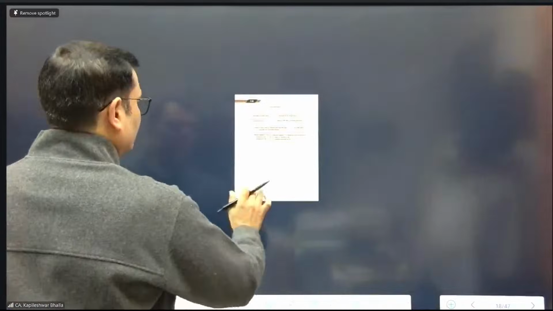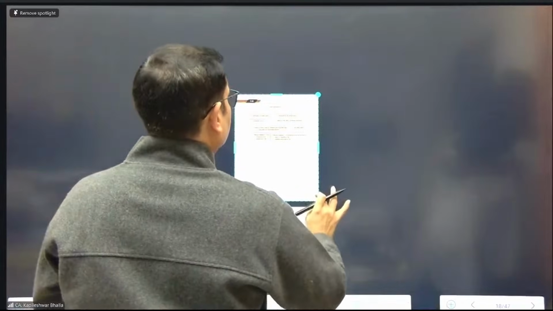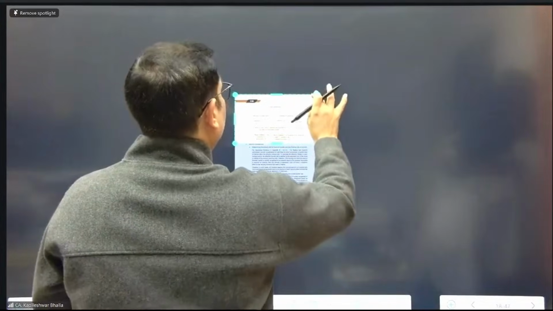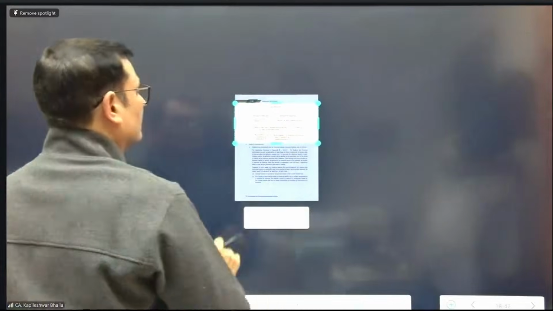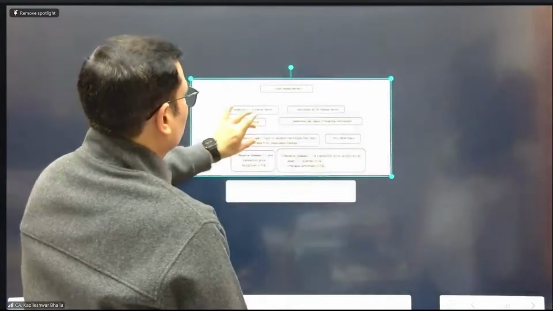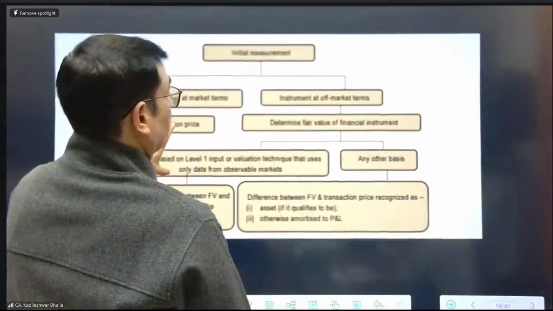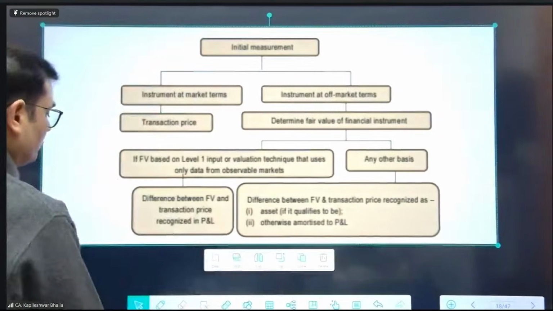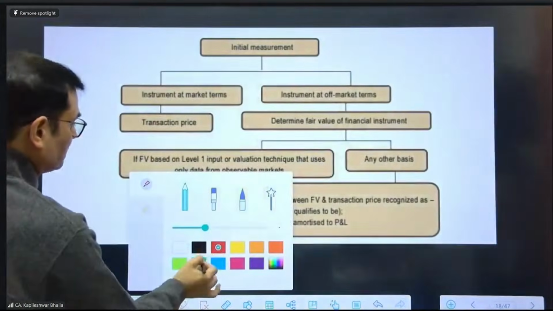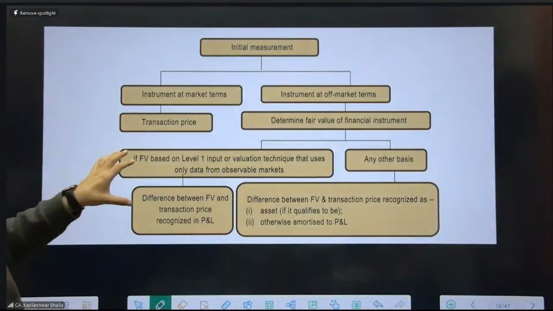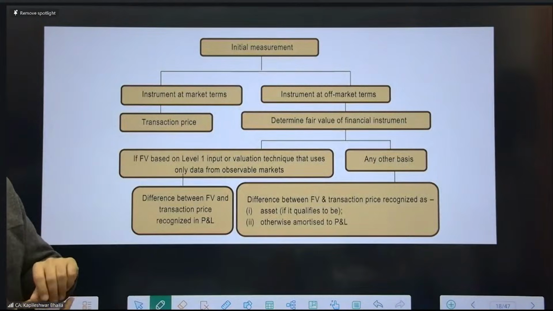Let's have a look at this. This is on the initial measurement and a wonderful chart which summarizes the concept. So what's this? We are now going to work upon the special issue. Let me remind you, we are on the special issue on the initial part.